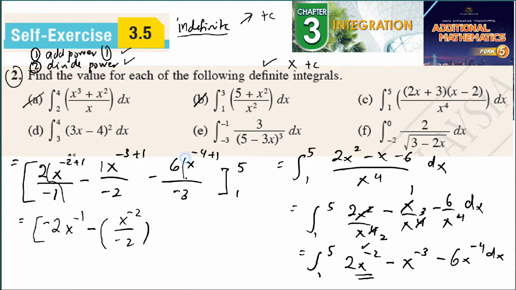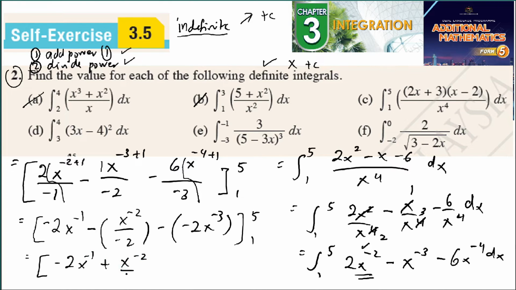Here 6 divided by negative 3, you get negative 2, and x to the power negative 4 plus 1 is x to the power negative 3. So here you can directly make negative and negative become positive. So we have negative 2, x to the power negative 1, negative negative positive, x to the power negative 2 divided by 2, negative negative will become positive, 2x to the power negative 3, from 1.